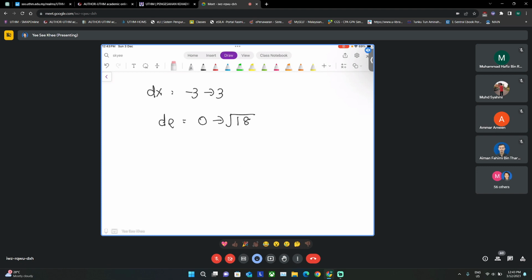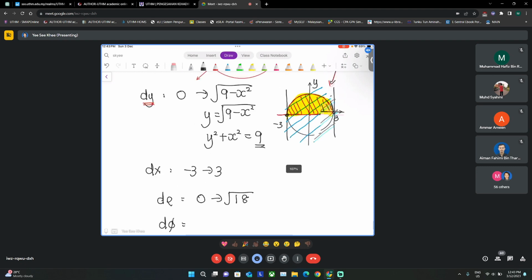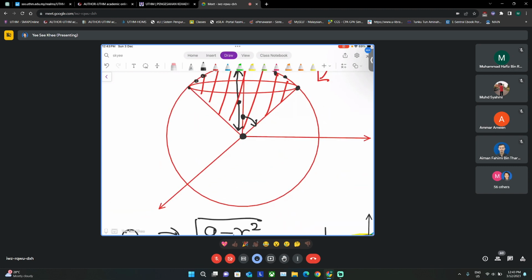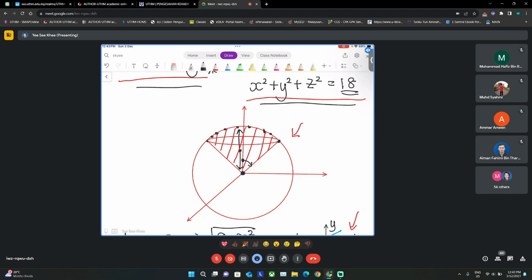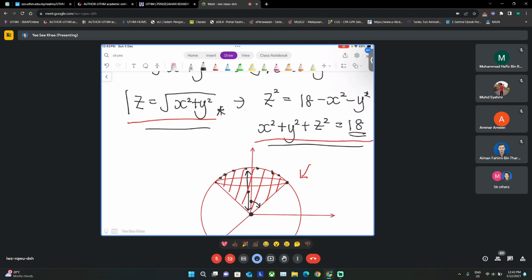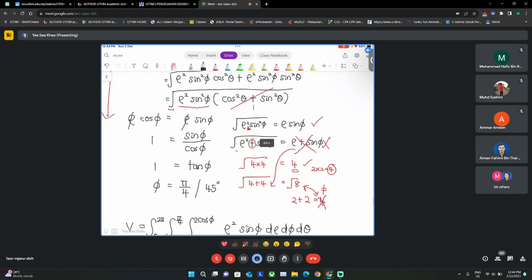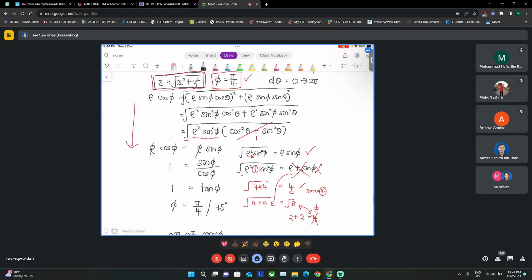You settled the d rho already, so we move on to d phi. D phi represents the angle from here until here. How big does your cone open? So you look at the equation of your cone. Just now we found out what the phi is for this cone, with very long steps.